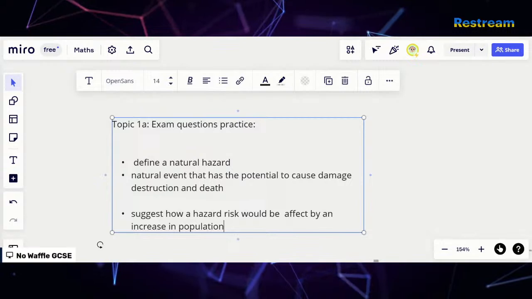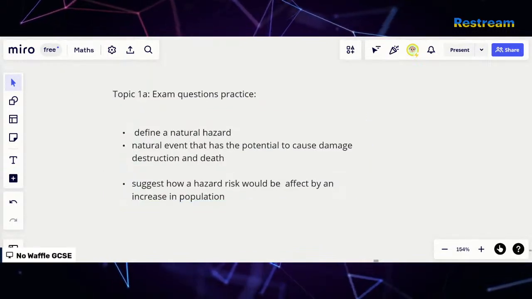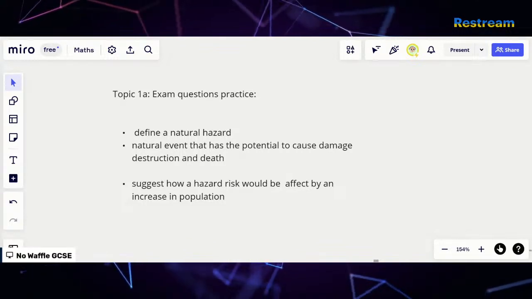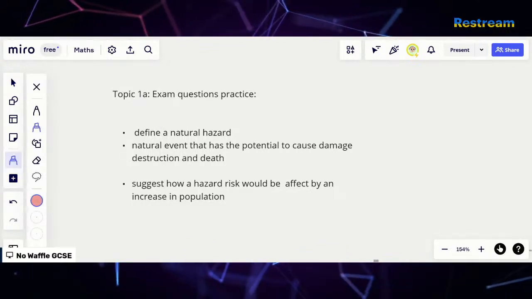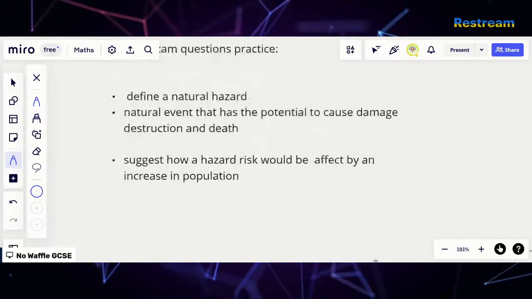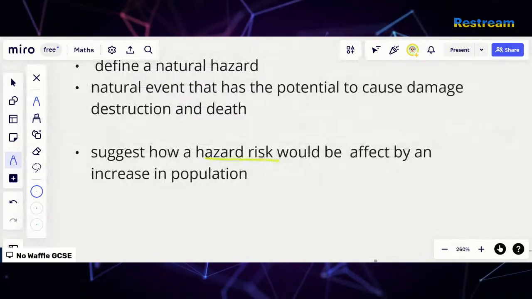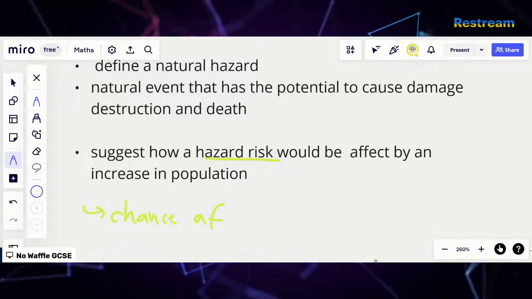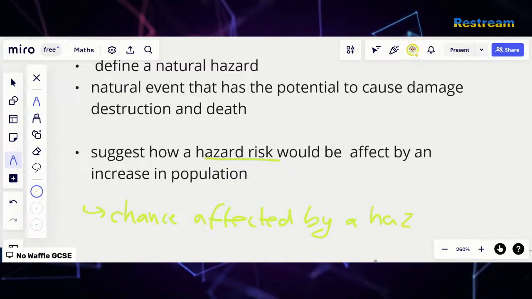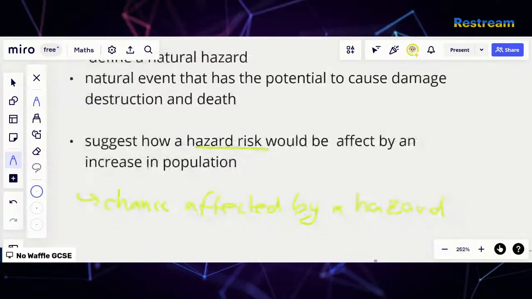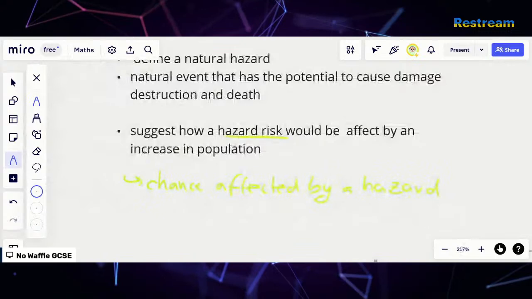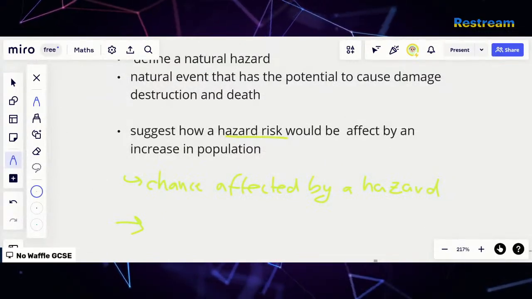So what this is saying here is, remember, hazard risk, as we talked about in the beginning of the live stream, is the chance that you'll be affected by a hazard. Now, how is the chance you'll be affected by a hazard increased when there's an increase in population? Well, first of all, you have to say this.